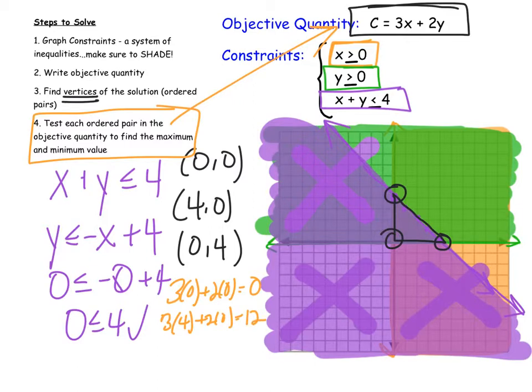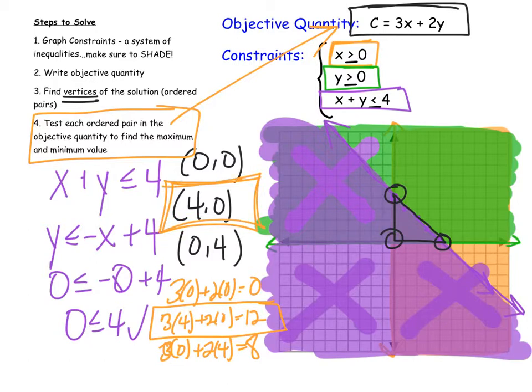And I have 3 times 0 plus 2 times 4, which is 8. So my maximum quantity would be at (4, 0). My minimum quantity would be at (0, 0). Max, min. And right there, I found my optimized area. This area right here is going to give me the best results.